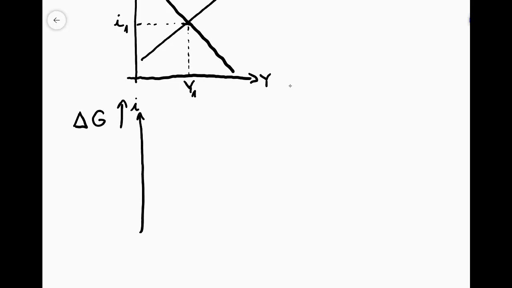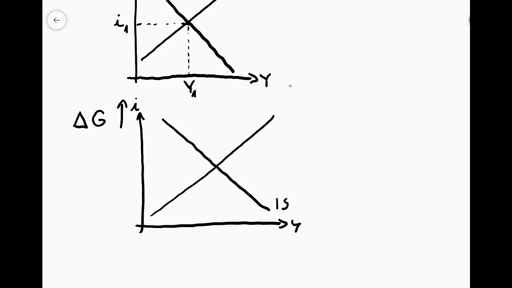Using the ISLM system, we can do this derivation graphically. So we had initially an IS curve, and we had initially an LM curve, which gave us an initial equilibrium in the economy.